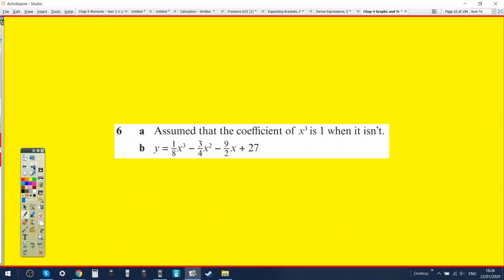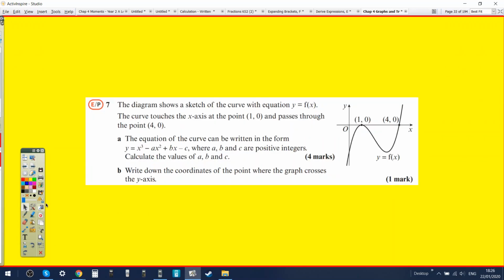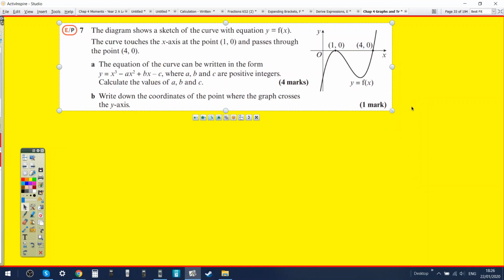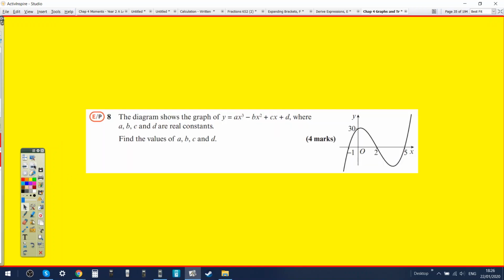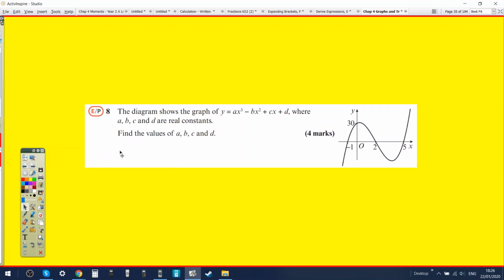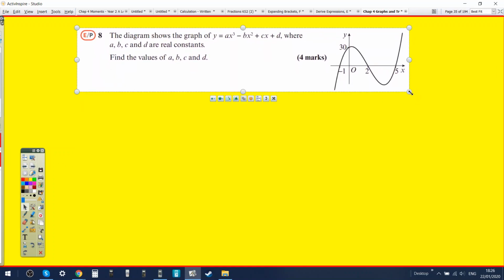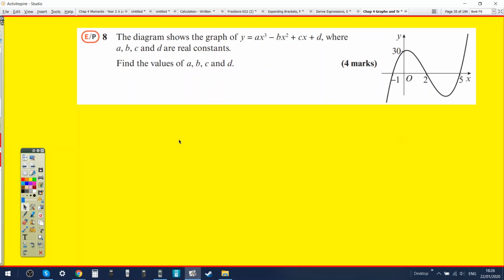Okay, and then they expanded out. Let's see this one, coming in this form, A, B, and C. I think that one's alright. Similar. Oh, they're very similar. Okay, let's try this one.